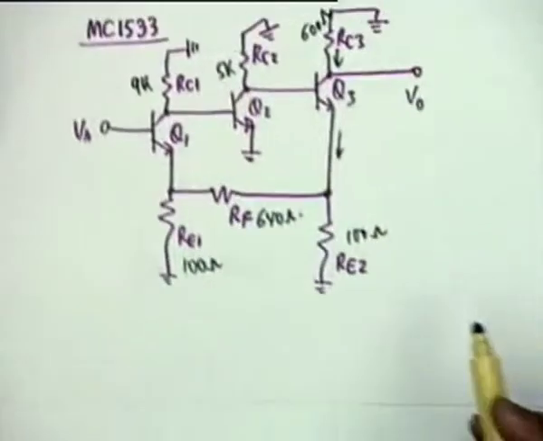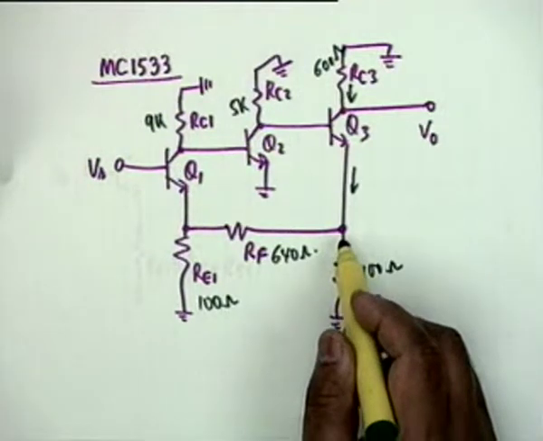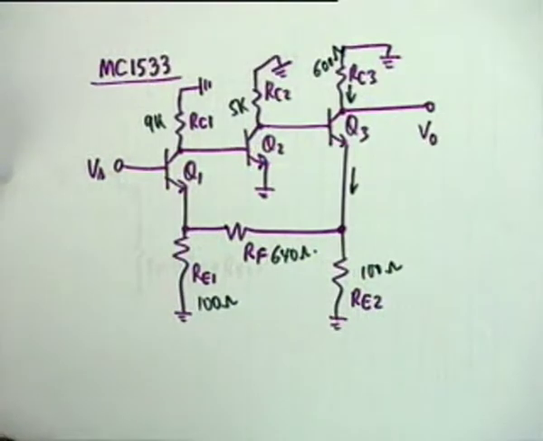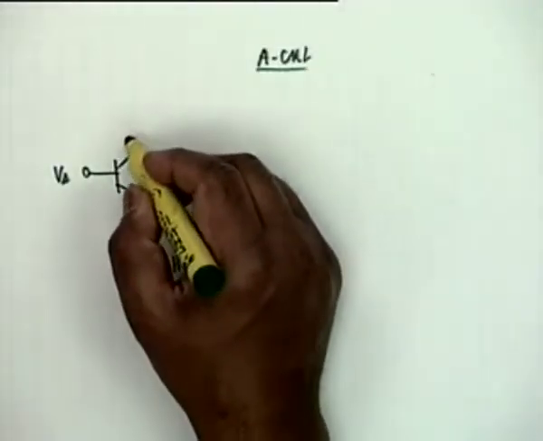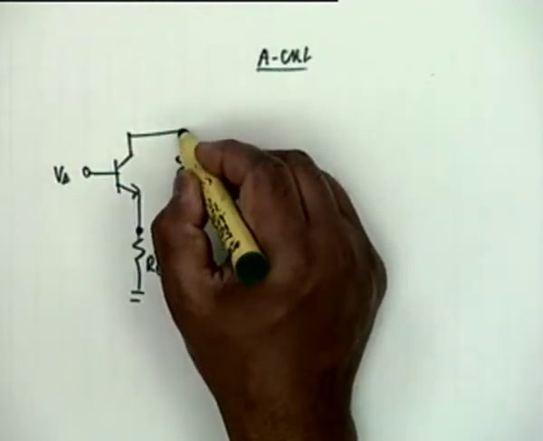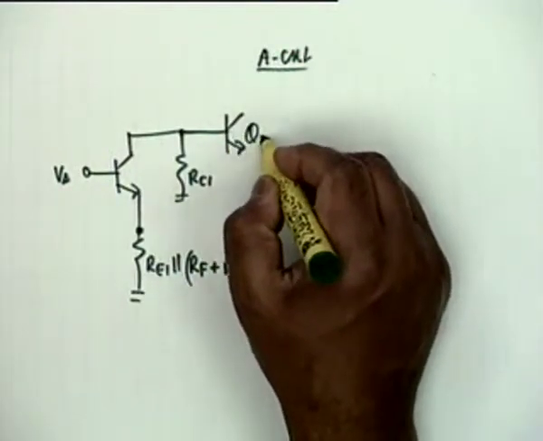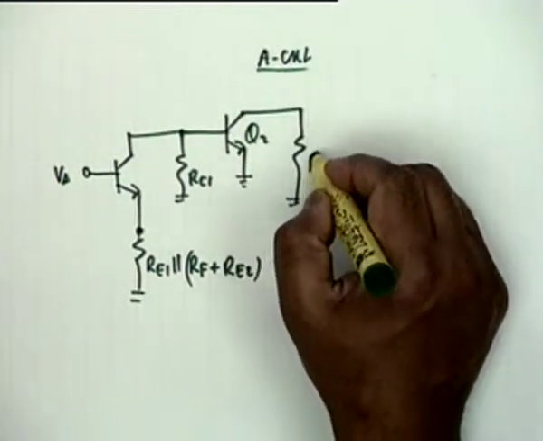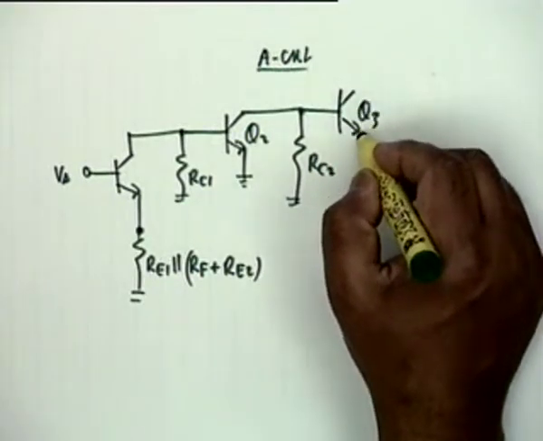In a similar manner, RE2 shall be supplemented by a parallel connection of RF and RF plus RE1. Once again it would be plus, right. The other part of the circuit is simply RC1, this goes to Q2, then RC2, and this goes to Q3.